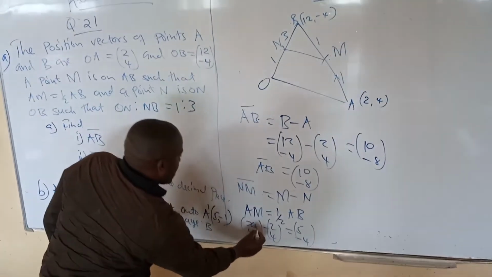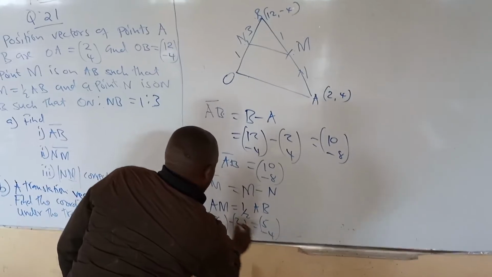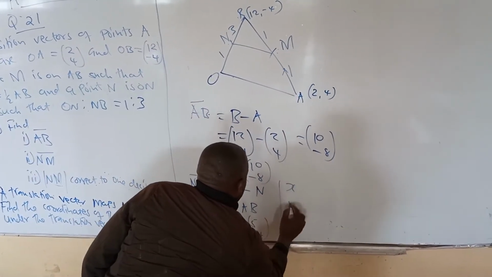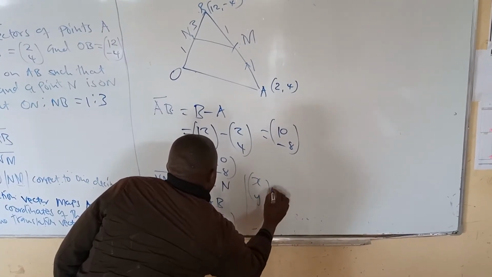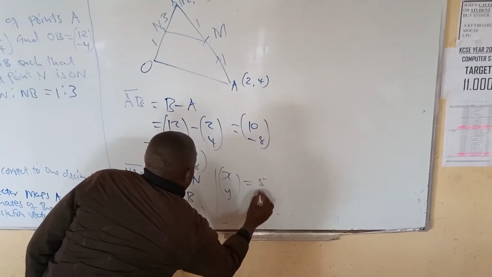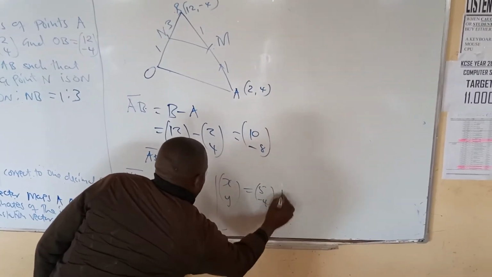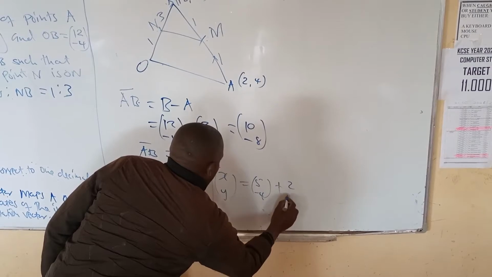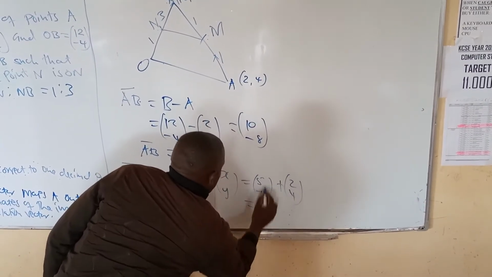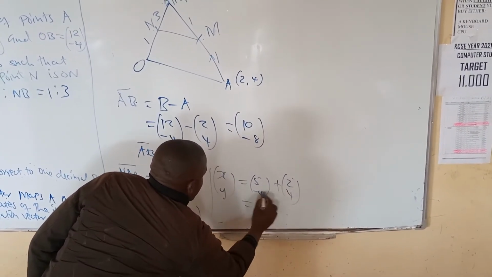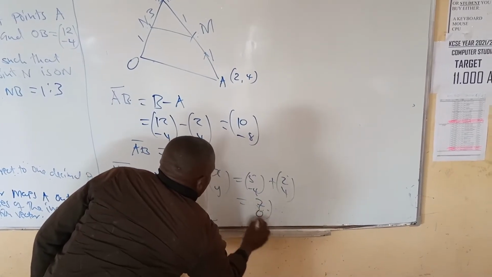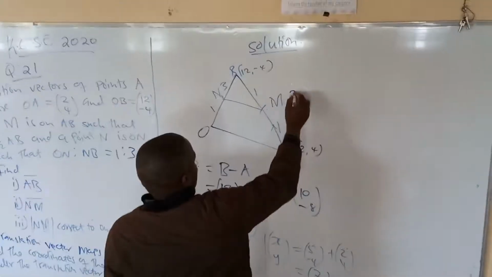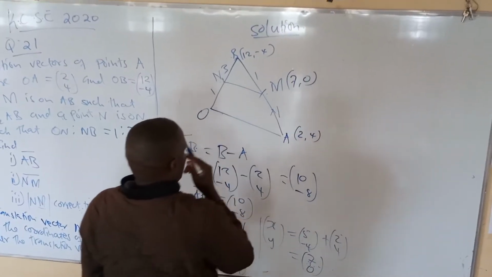So taking it to the other side, (x, y), which is our M, equals (5, -4) plus (2, 4), since it was subtracted here. This gives (7, 0), because negative 4 plus 4 is 0. So (7, 0) is the coordinates of M.